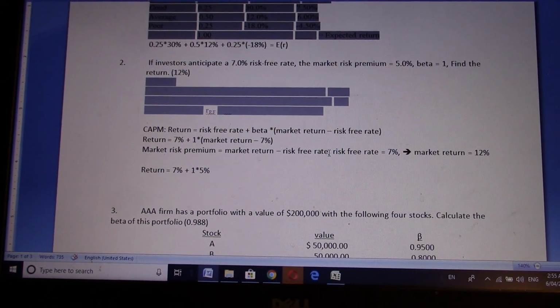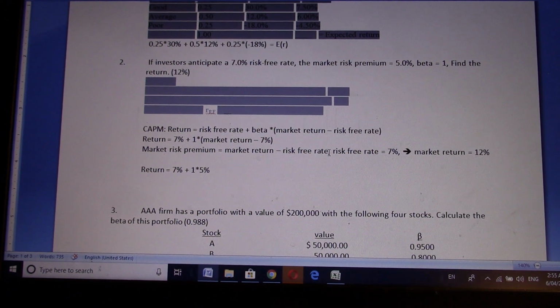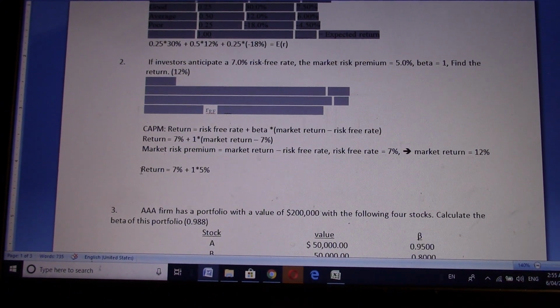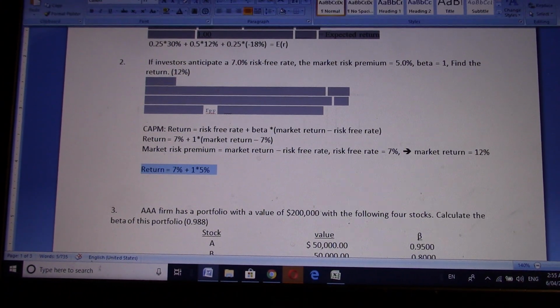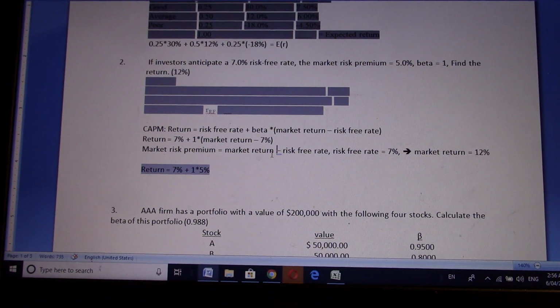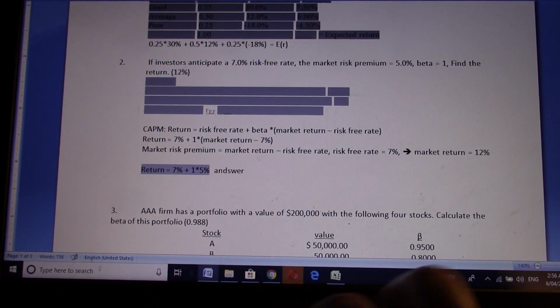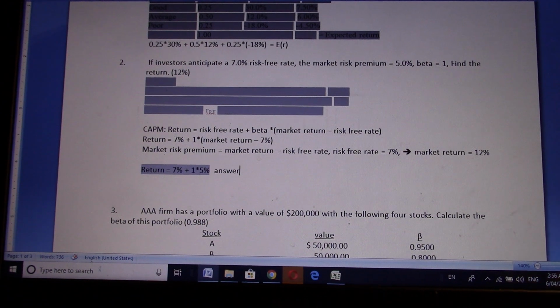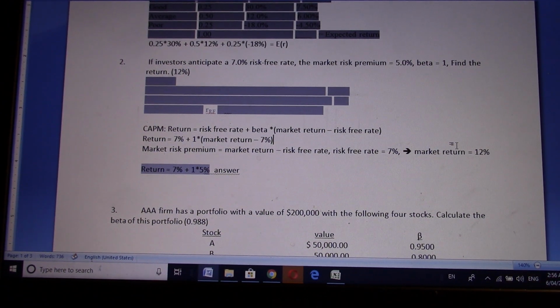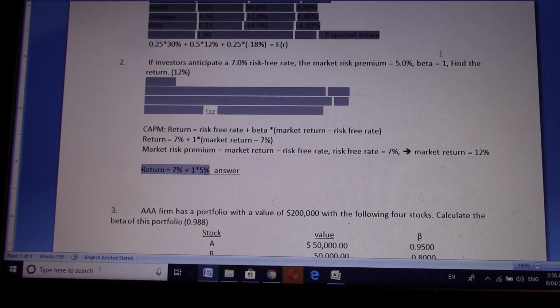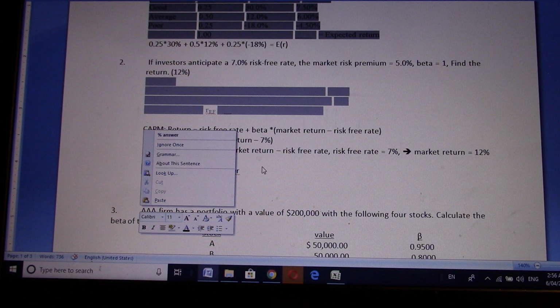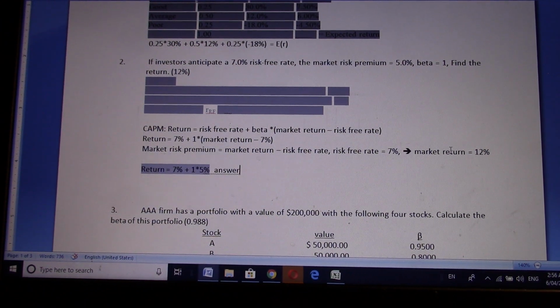Even though the question is not asking for the market return, the answer should be 12%. The market return is also 12%, and this stock with beta equal to 1 has a return of 12%. It equals the market return because the market beta is 1.